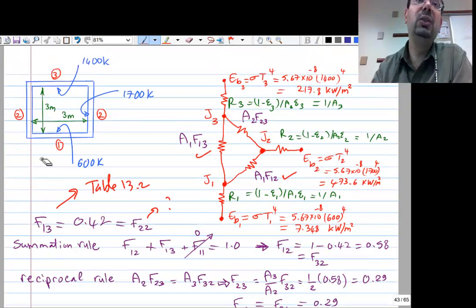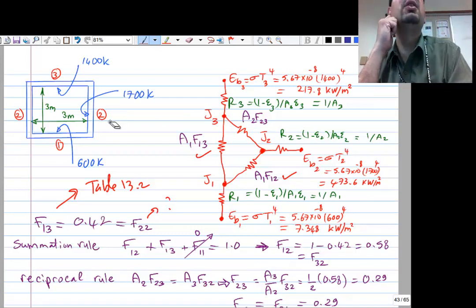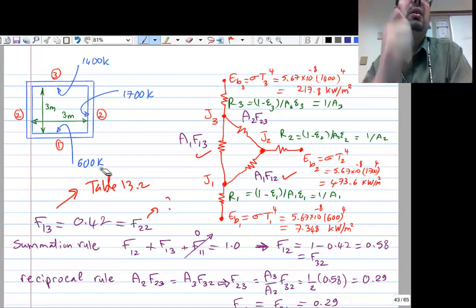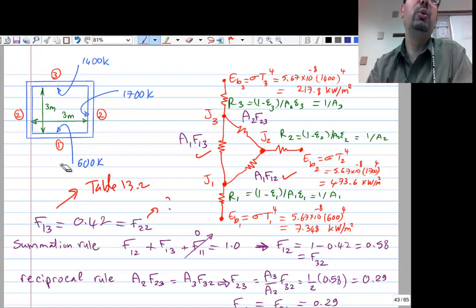So F12, what's its relation to F23? F12 and F23 should be the same because of symmetry. I mean, 2 representing to 1, what 3 represents to 2, exactly.